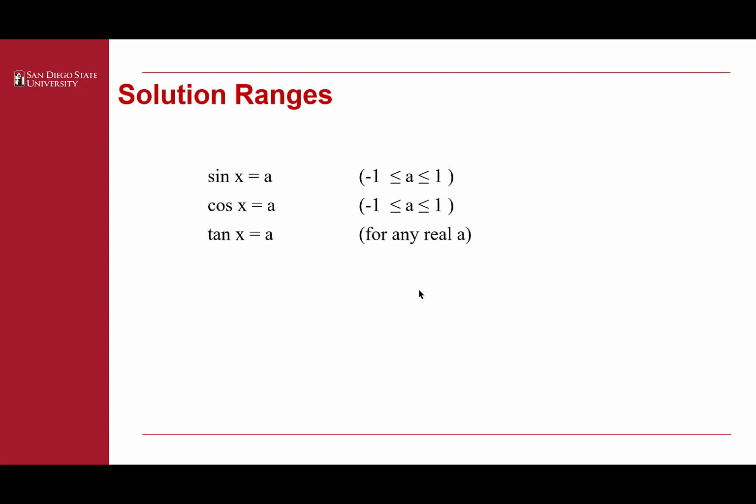If you are dealing with engineering problems, nobody will provide a range, so you have to find out the range yourself. But do not forget, most trigonometric functions have a period of 2 pi, so usually when you add 2 pi to the angle you find, you will get another solution if the range is not limited.